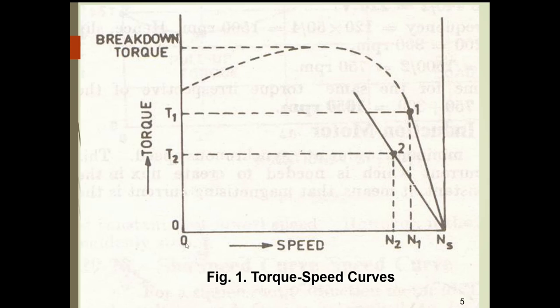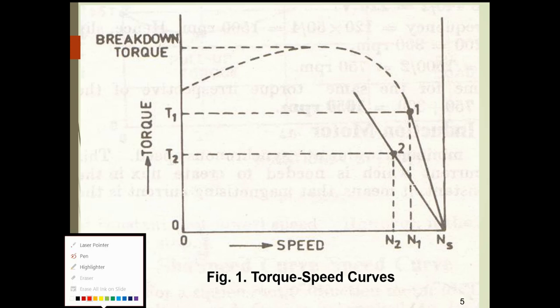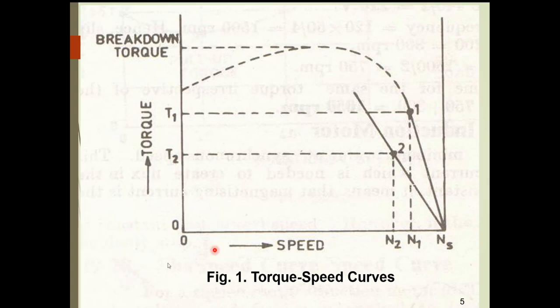Okay. Here, at the initial condition, that is the standstill condition, n is equal to 0, and here at this point s will be equal to 1, because at synchronous speed s is equal to 0.